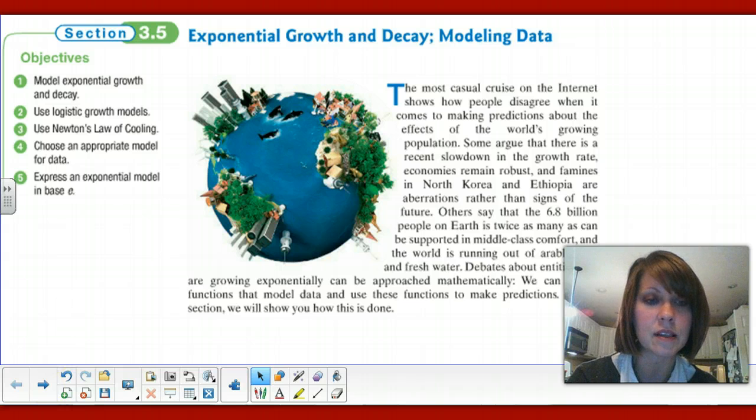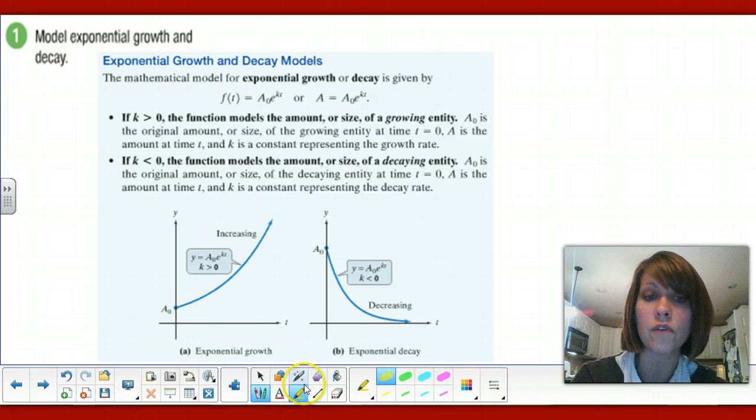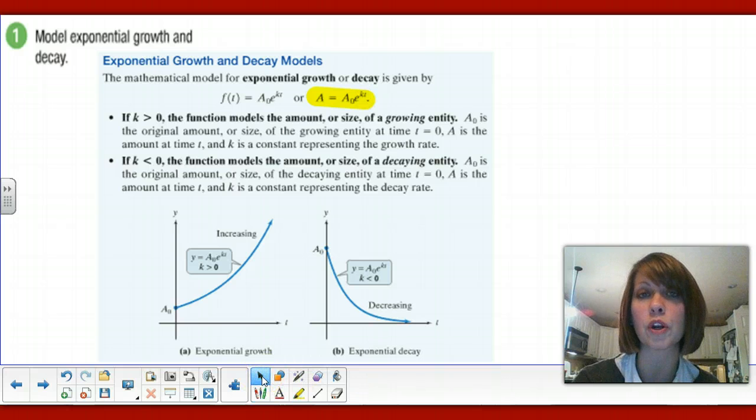Okay, let's get started. All right, so exponential growth and decay. Nothing really new here as far as solving equations, but I want you to recognize this formula. It should look pretty familiar. Think about it for a second, the A equals P E to the R T that we've had in a couple of lessons now, I think in 3.2 and again in 3.4, or maybe 3.1 and 3.4.